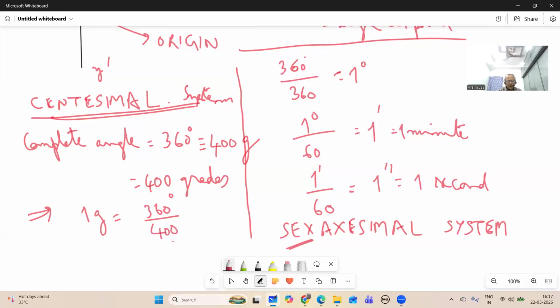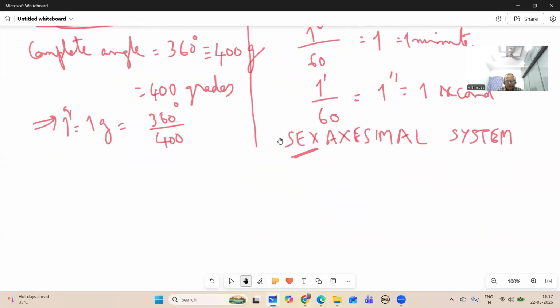This is also written as 1 grade, 1 power g. And one grade is further subdivided into minutes. This is defined to be 100 minutes. You notice one point.